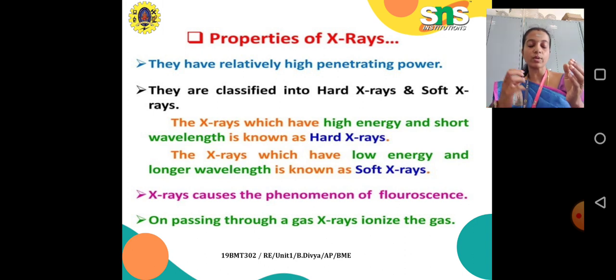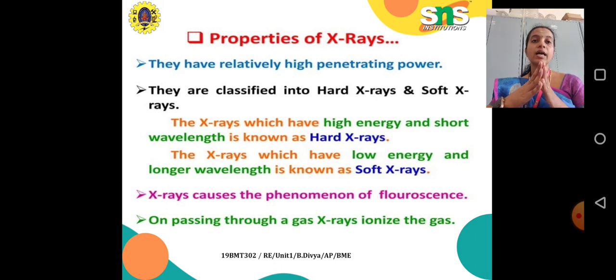While the supply is given, the cathode will have an attraction with the anode, and we place a target in between the cathode and anode. The electron beam strikes the target and X-rays are produced, right? In this video we are going to see what properties X-rays have.